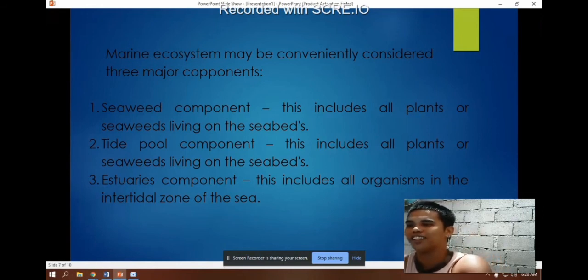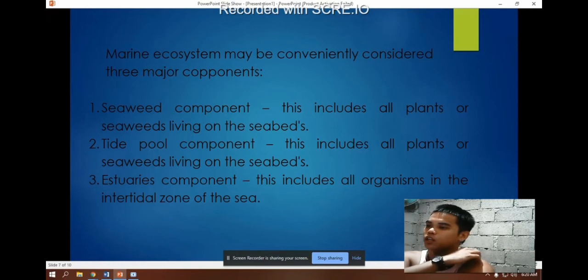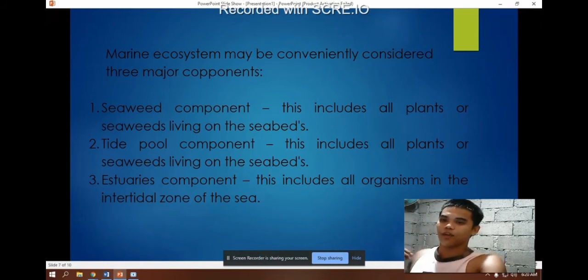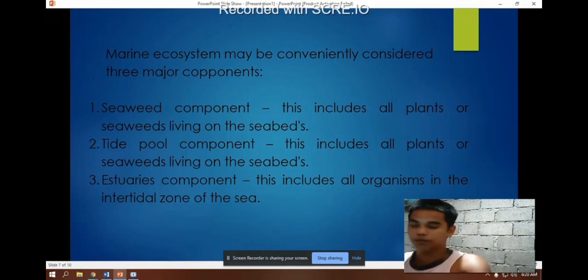Marine ecosystem may be conveniently considered as three major components. Number one, seaweed component. This includes all plants or seaweeds living on the sea.